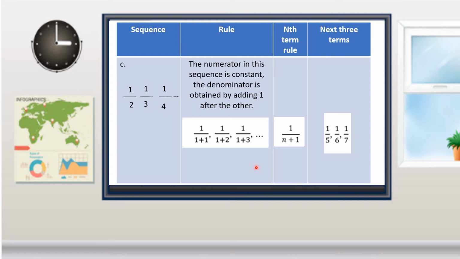So 1/2, 1/3, and 1/4. In this nth term rule, we have n plus 1. So we're going to add from the original number. So the next three terms are 1/5, 1/6, and 1/7.